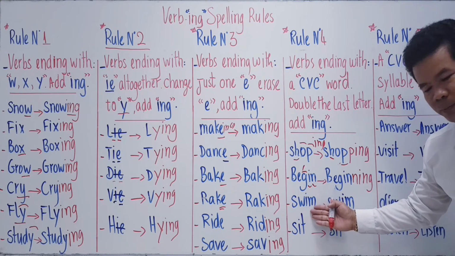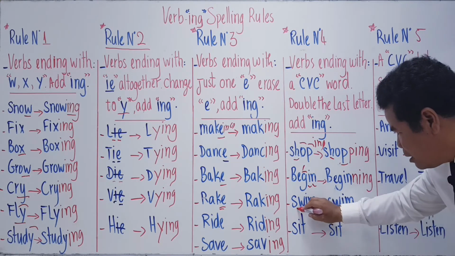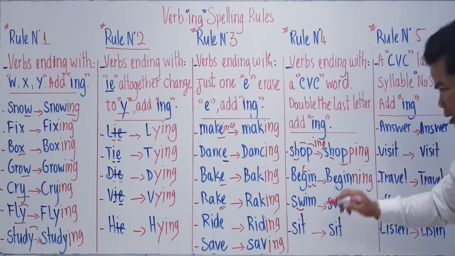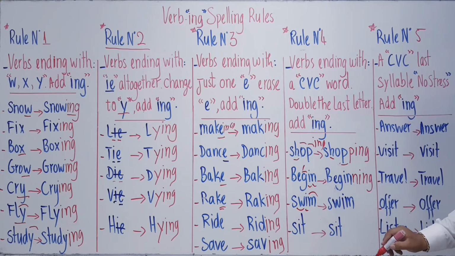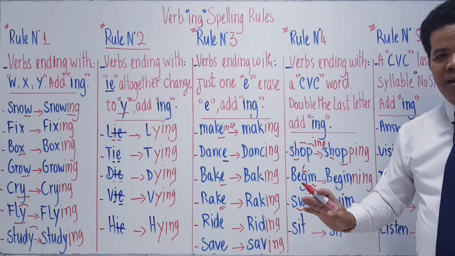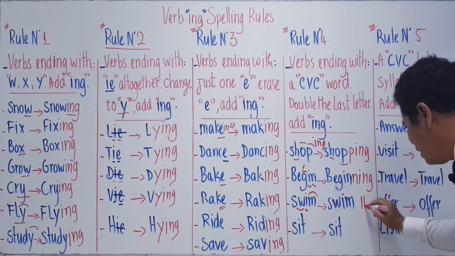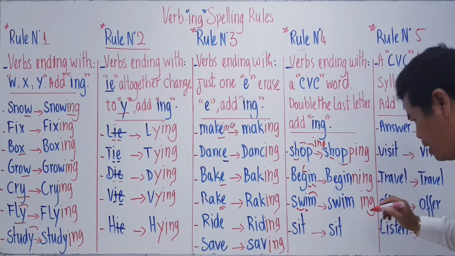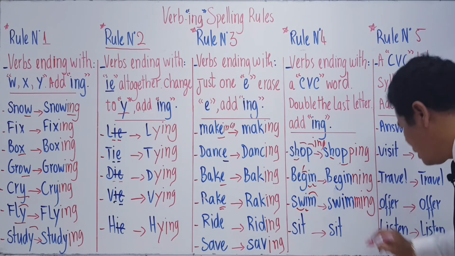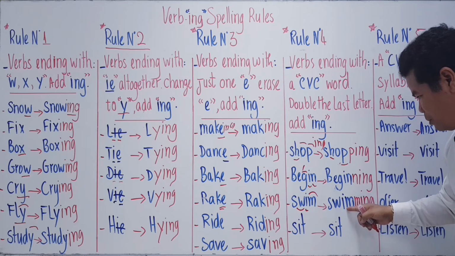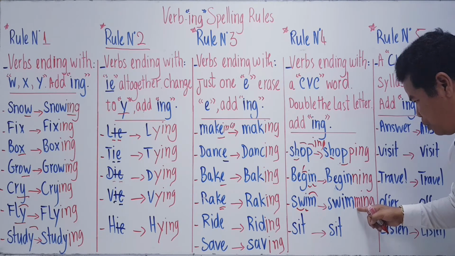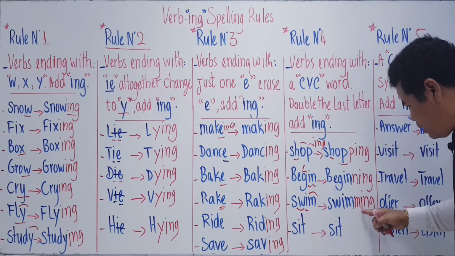Swim. What do you see? W is a consonant, I is a vowel, M is a consonant. So don't worry anymore. Just add ing and then double the consonant. So swimming. Swim, the last consonant is M. So write one more M and then ing.